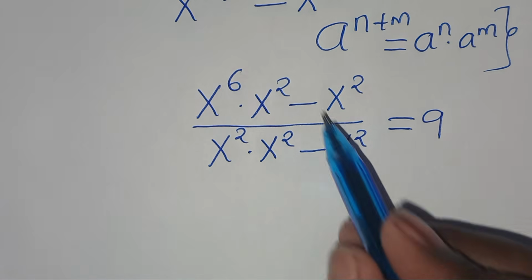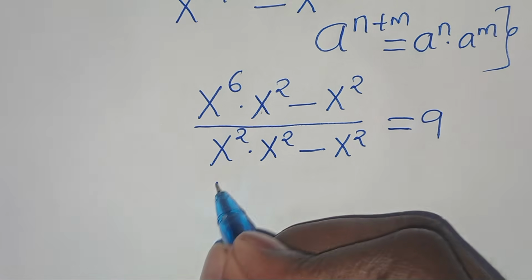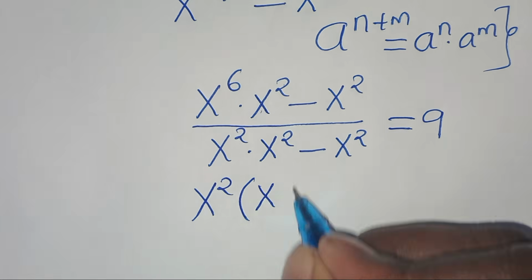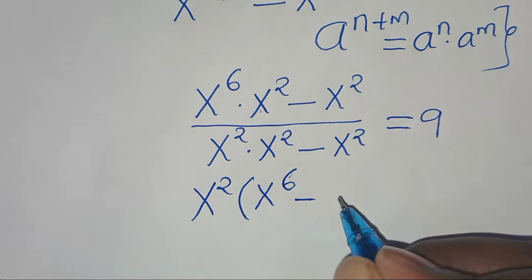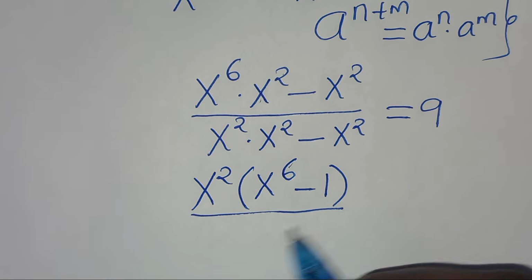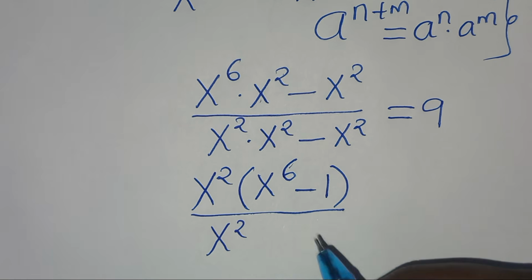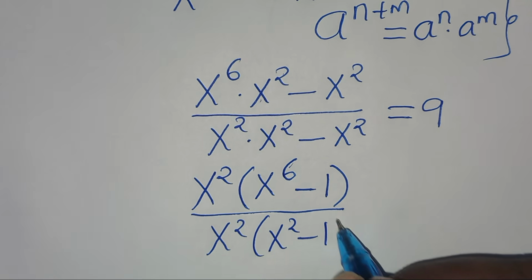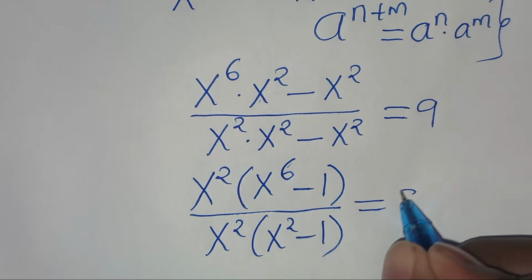We can factor out x^2, so this becomes x^2 times (x^6 minus 1), divided by x^2, which is common here, times (x^2 minus 1). This is equal to 9.